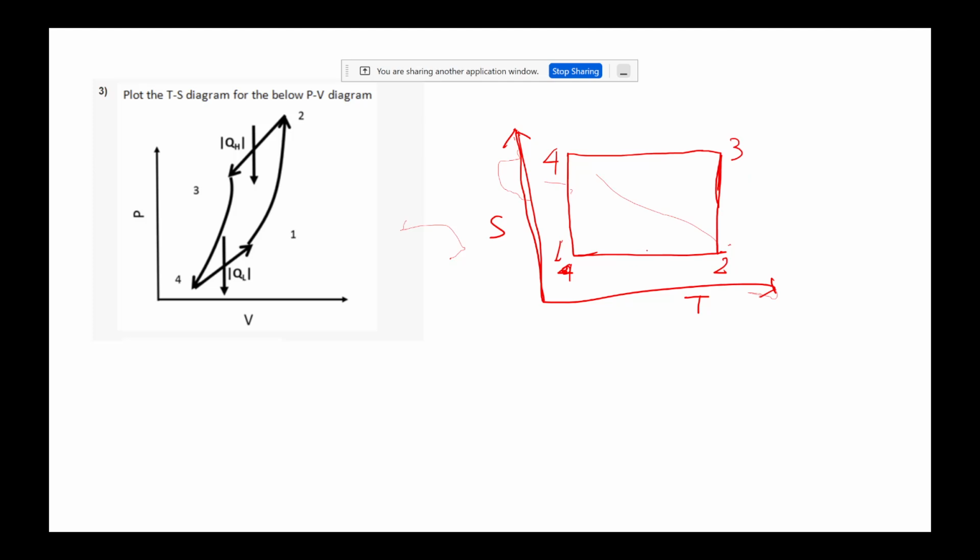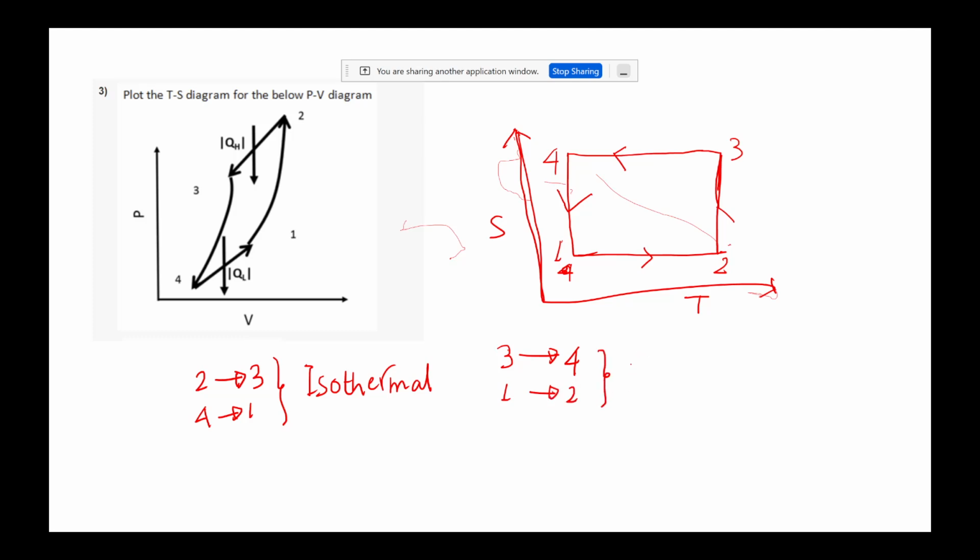Now just write 1 to 2, 2 to 3, then 3 to 4 and then 4 to 1. 2 to 3 and 4 to 1 are isothermal, and 3 to 4 and 1 to 2 are adiabatic.